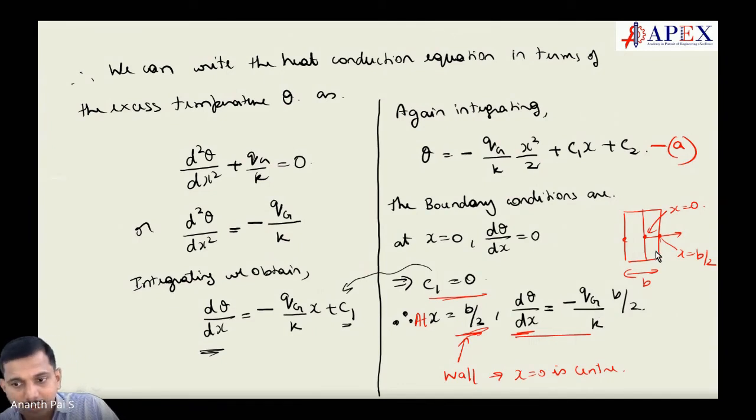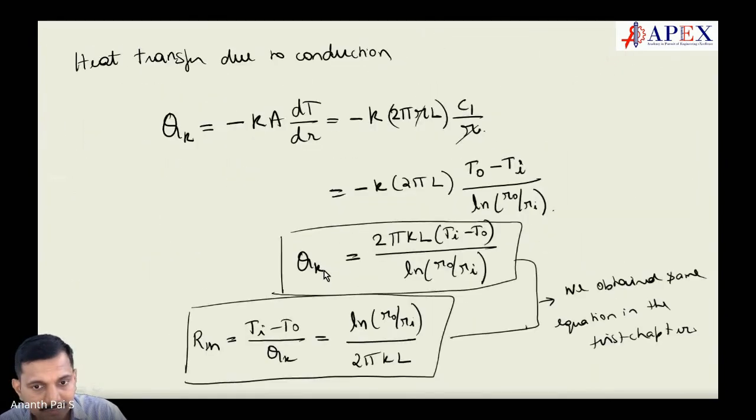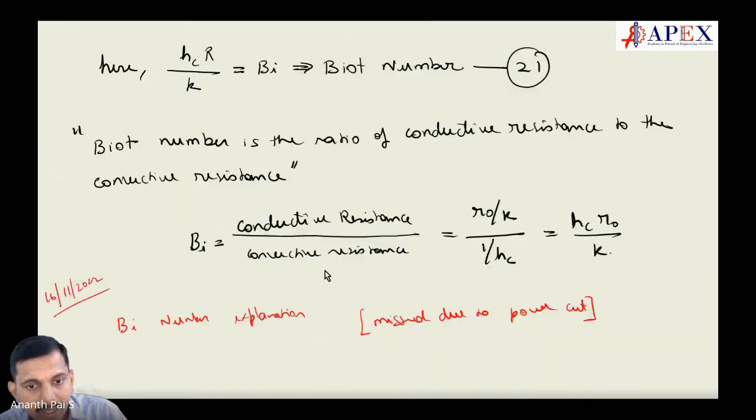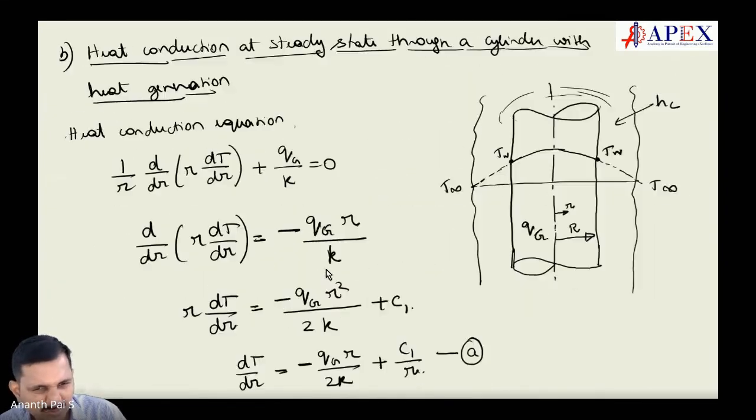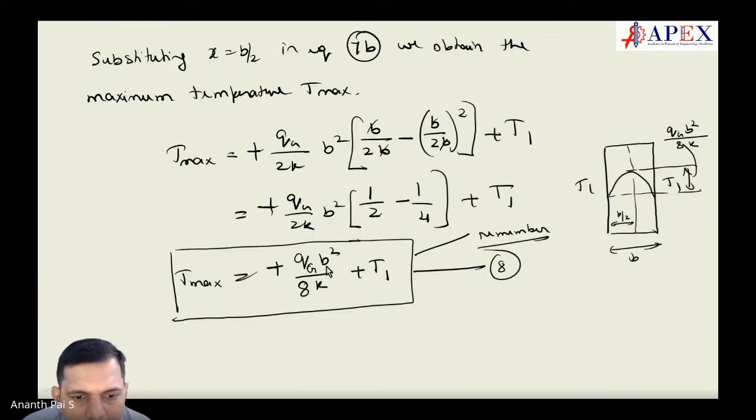At x is equal to b by 2, that is this one, QG. Oh, H is not. Theta wall, no, you cannot use it. Let us use T max is equal to Q is equal to. That's correct.